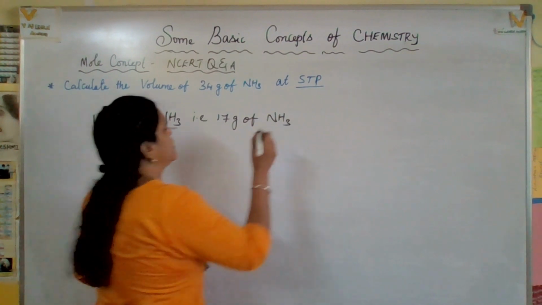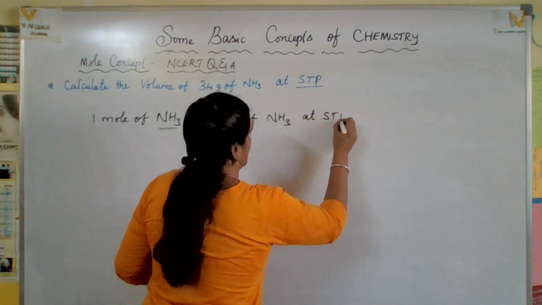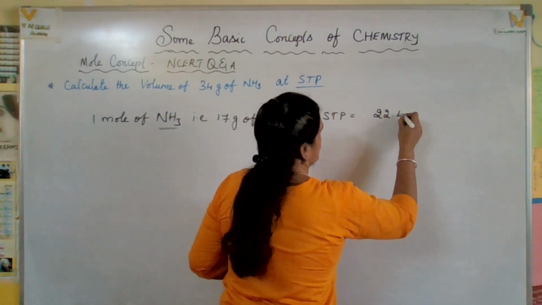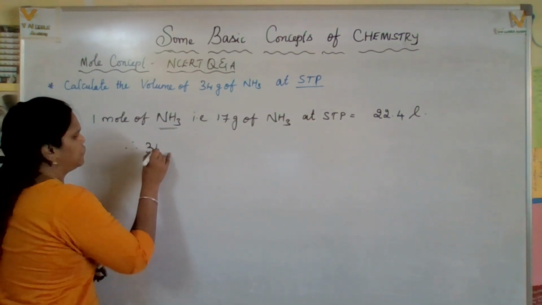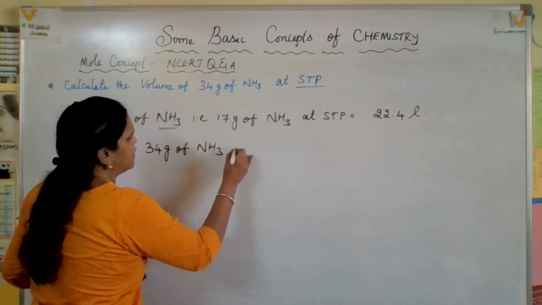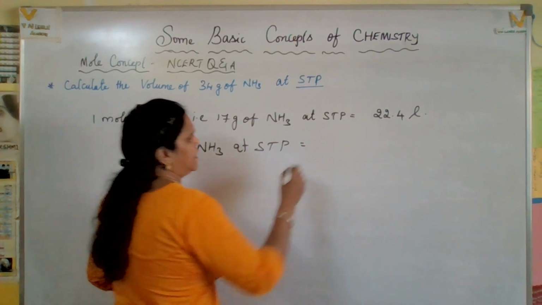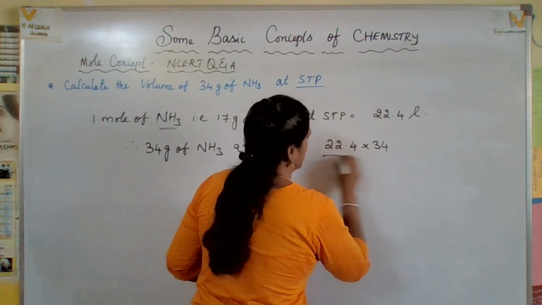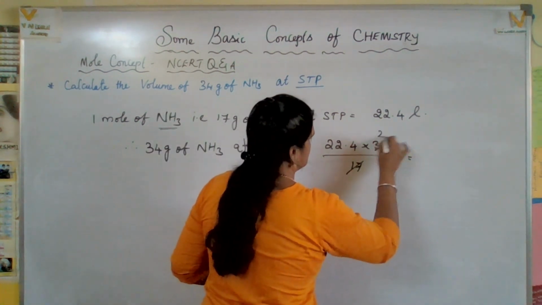Molecular mass, right? So 17 gram of ammonia at STP has the volume, what is it? 22.4 liter. Therefore, 34 grams of ammonia at STP is 22.4 into 34 divided by 17. So what will you get?